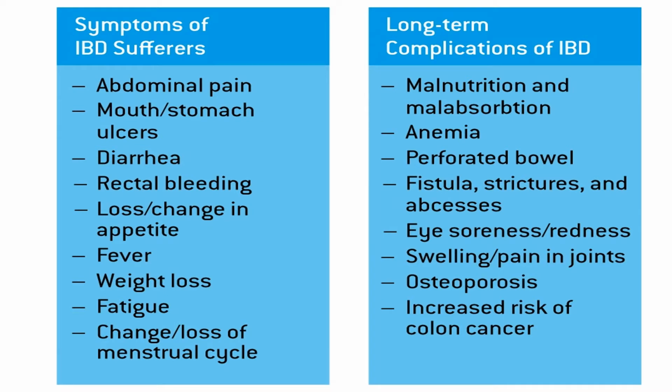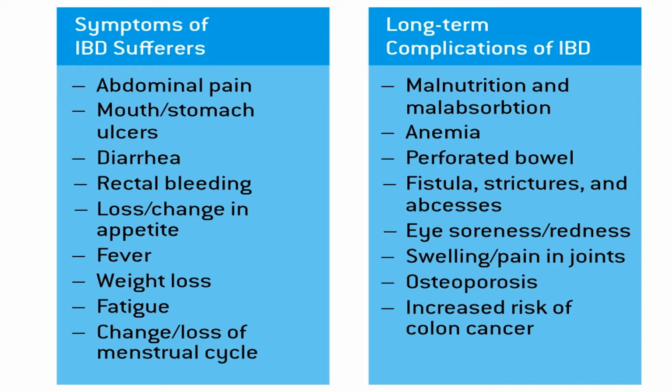This slide shows symptoms of IBD sufferers, such as abdominal pain, mouth and stomach ulcers, diarrhea, rectal bleeding, loss or change in appetite, fever, weight loss, fatigue, and changes or loss of menstrual cycle.